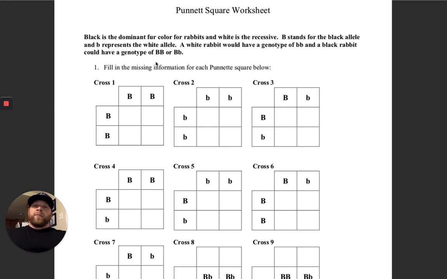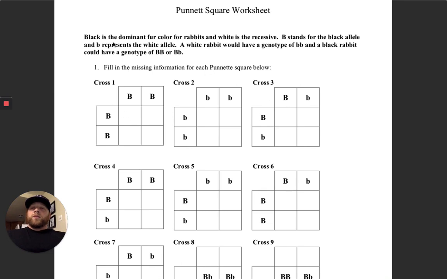A black rabbit would have the genotype of either both capital B's, which is homozygous dominant, and they could also have the genotype of an uppercase B and a lowercase b, which would be heterozygous. Okay, so hopefully that helps you out to start off with.